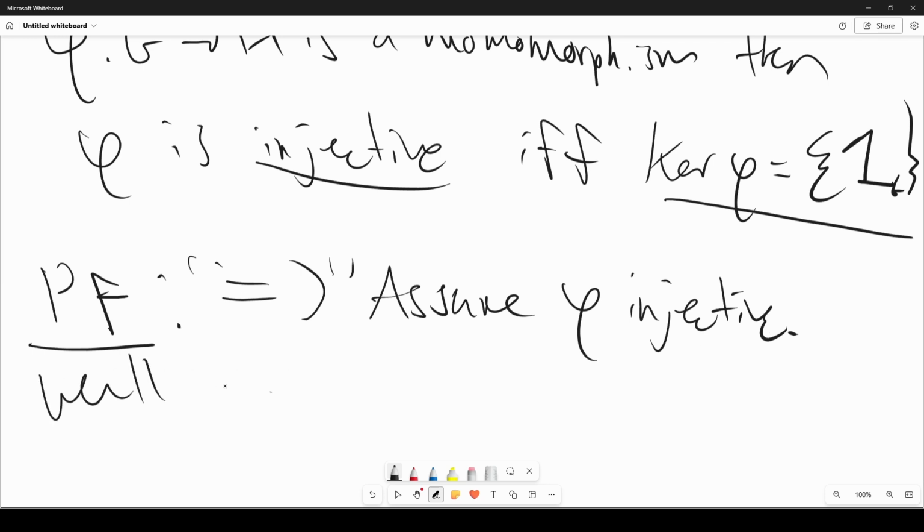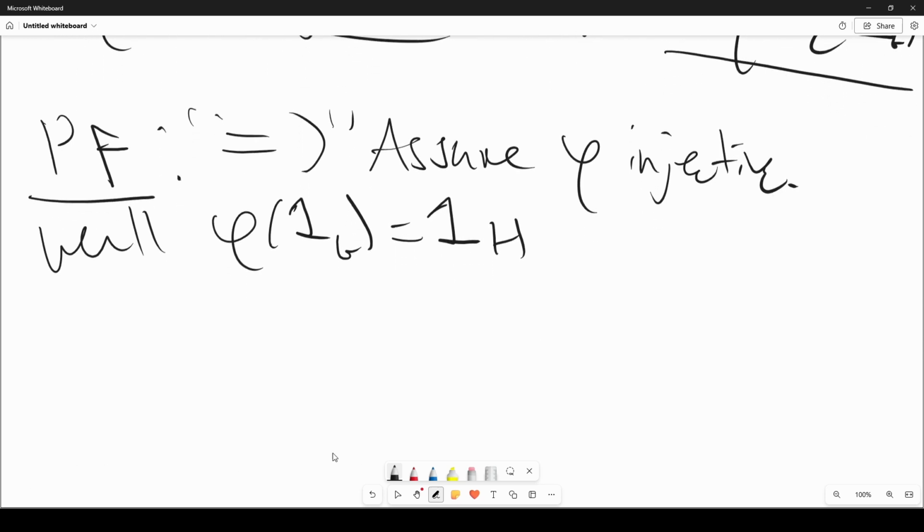Well, we know that phi of 1_G equals 1_H, which means we already have something that equals 1_H. But that means that nothing else can get sent to 1_H.